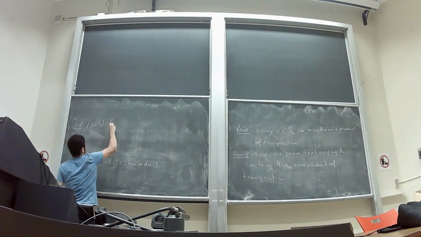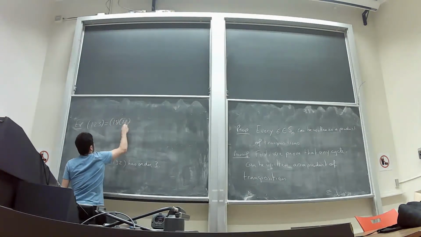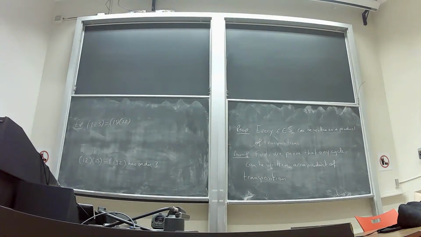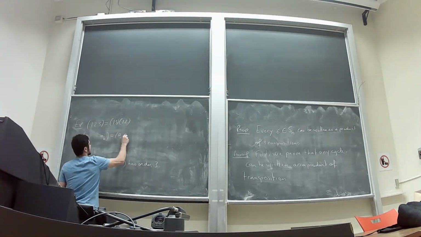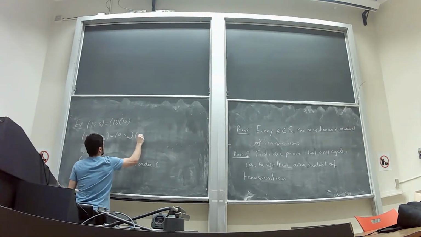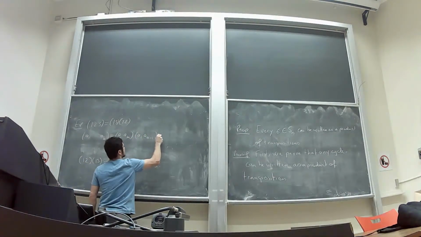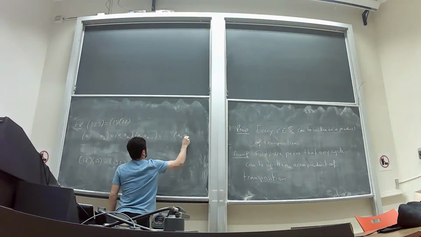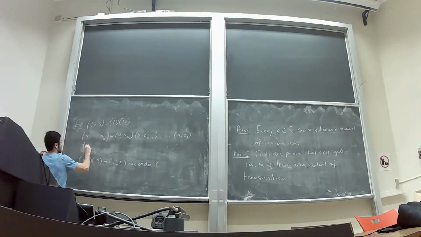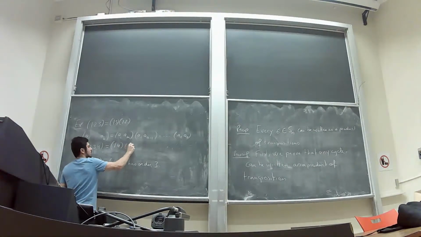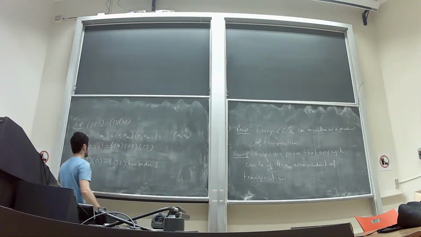It's equal to (1 3)(1 2). 1 goes to 2 and 2 stays fixed, right? Now take any k-cycle (a1 ... ak) and do the same thing. By induction, this is just (a1 ak)(a1 ak-1) up until (a1 a2). So basically (1 2 3 4) is just (1 4)(1 3)(1 2).